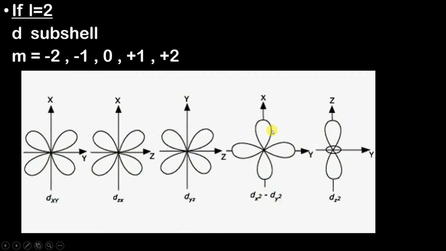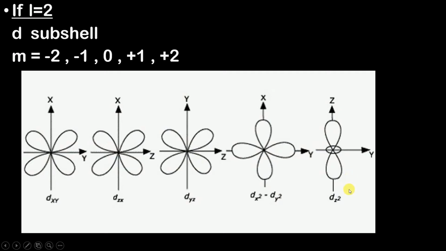Because one dumbbell is lying on the y-axis, whereas the second dumbbell is lying on the x-axis. See, one dumbbell is lying on the x-axis and the other dumbbell is lying on the y-axis. So therefore it is named as dx square minus dy square, or you can simply call it as dx square minus y square.